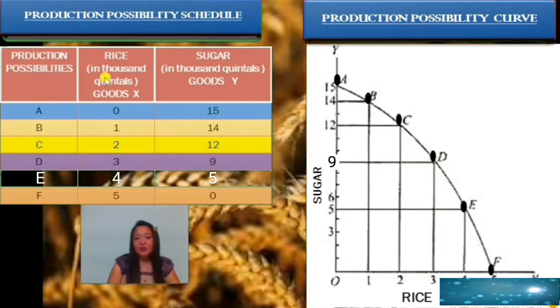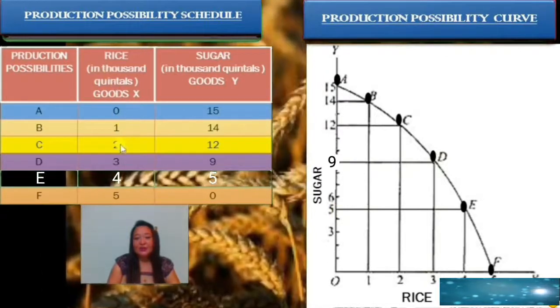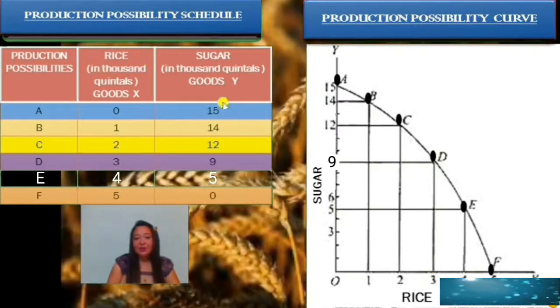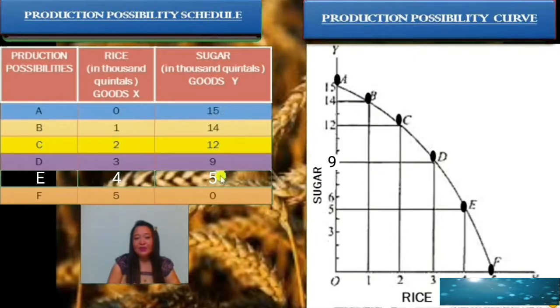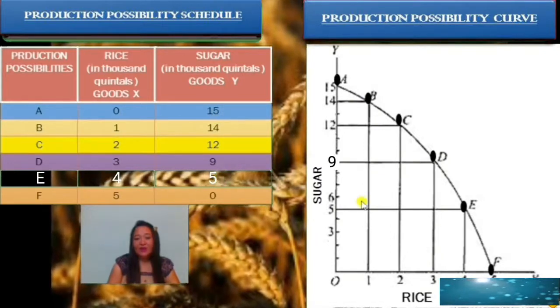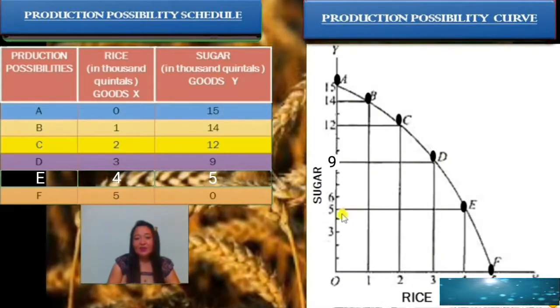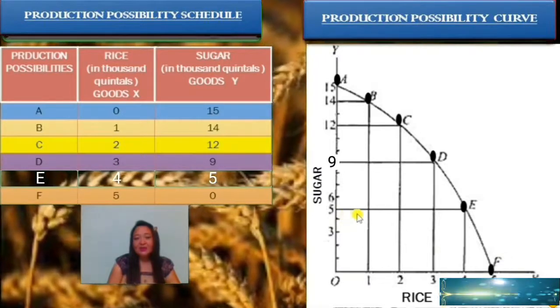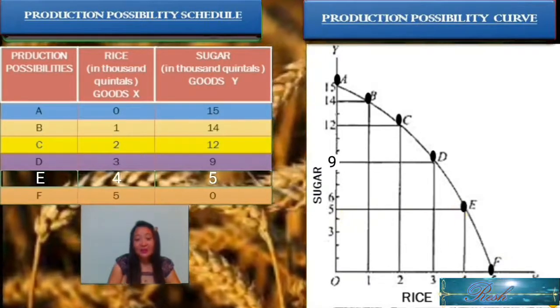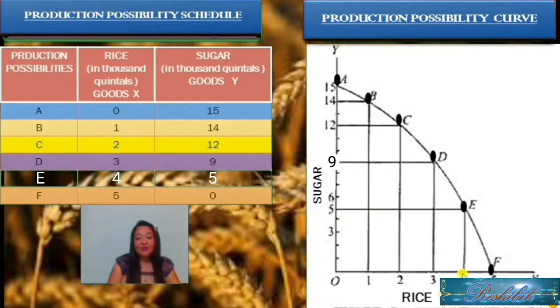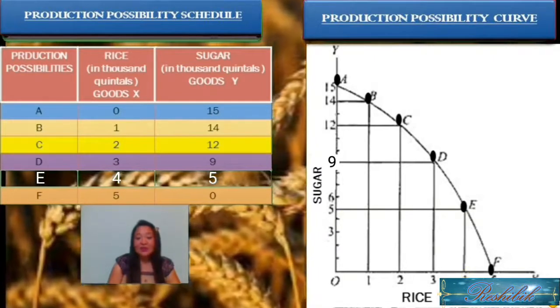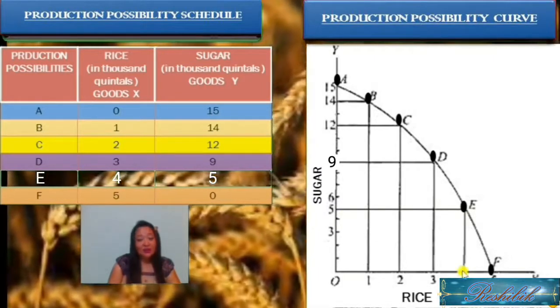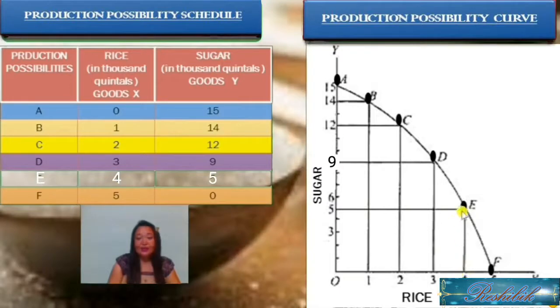Similarly, when the production of sugar is reduced right down to 5, what happens to the production of rice? It will increase. Obviously, the production of sugar has fallen, so that will lead to the increase in the production of rice. So, according to your possibility E, your point is here.